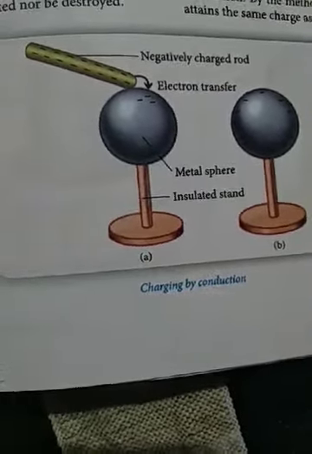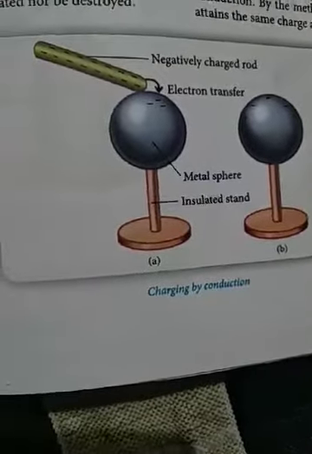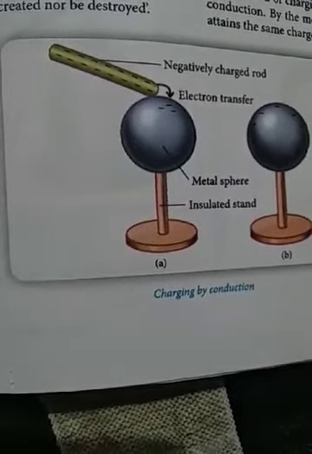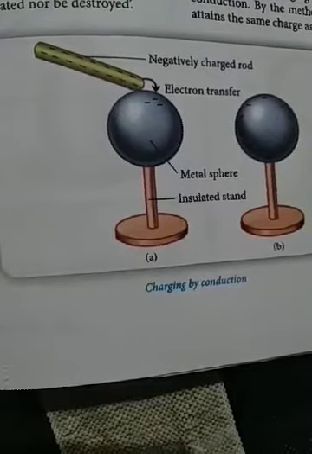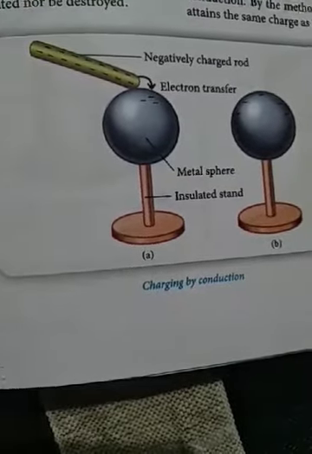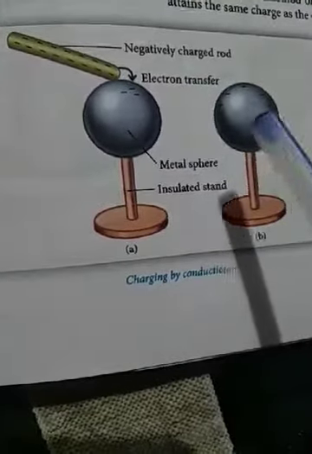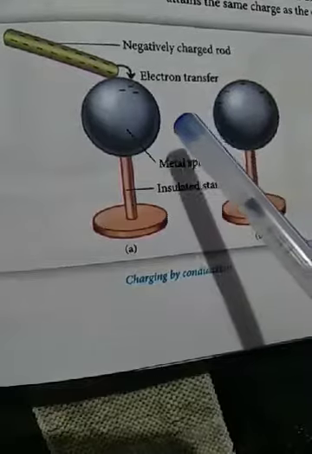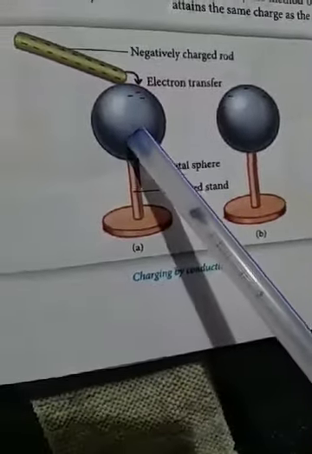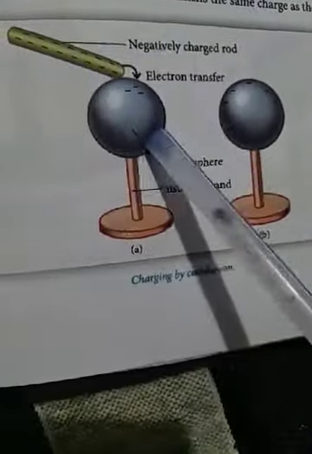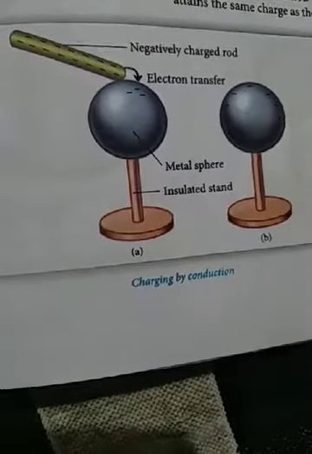First of all, we discuss transferring of charges by conduction. A body can be charged by the process of conduction. If a charged object is touched to an uncharged object, the electric charges flow from the charged object to the uncharged object. You see, this is a charged object and this is the uncharged object. This rod is negatively charged and the metal sphere is neutral.